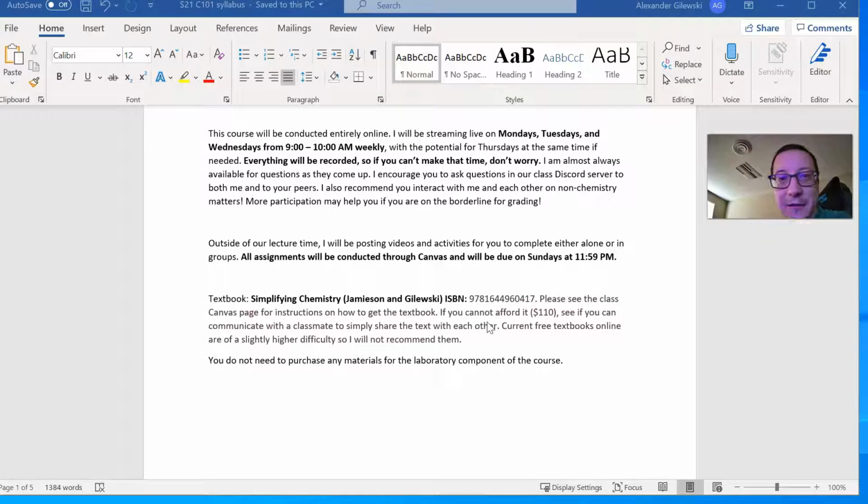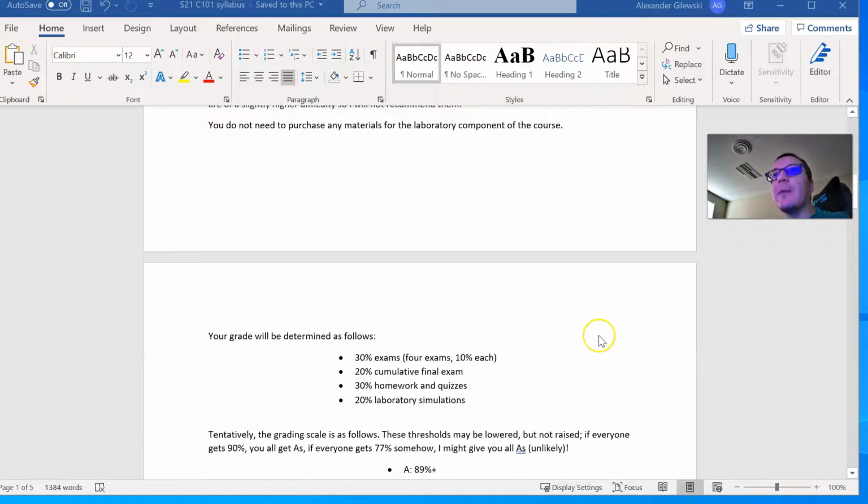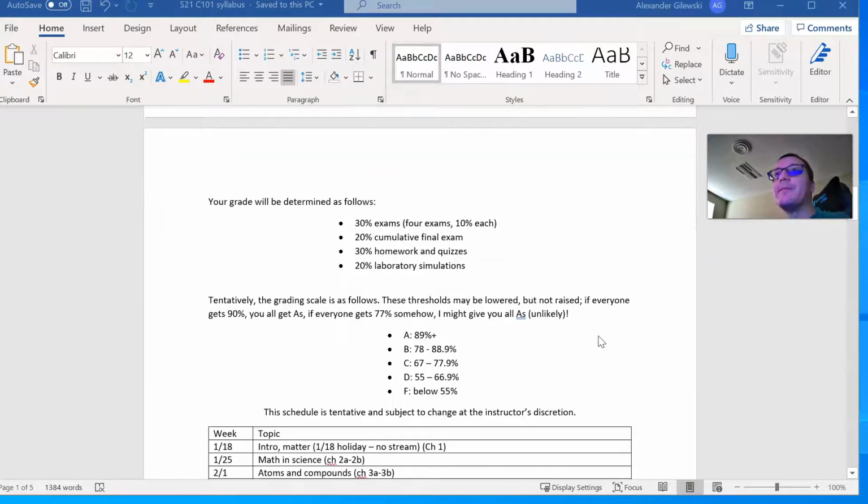Not significantly different, but things may or may not be focused in a way that I want versus the way he wants, that sort of thing. Or you can use something by Stephen Stoker as well. He also has a chemistry essentials or something for a physical textbook. You're not going to need anything for the lab because that's going to be simulations.